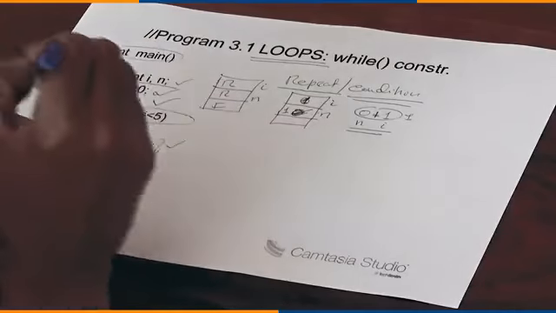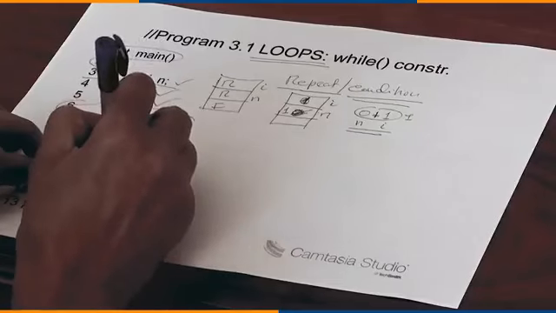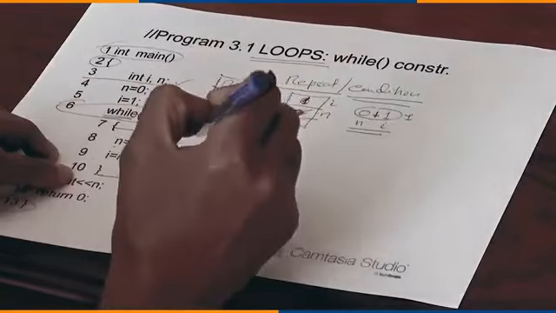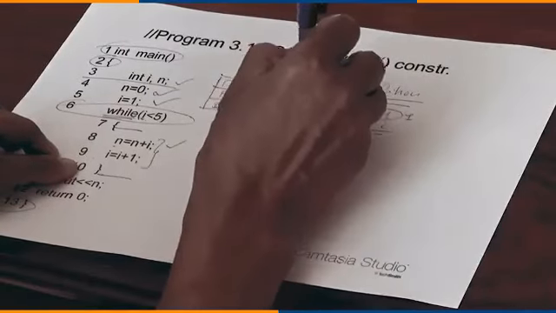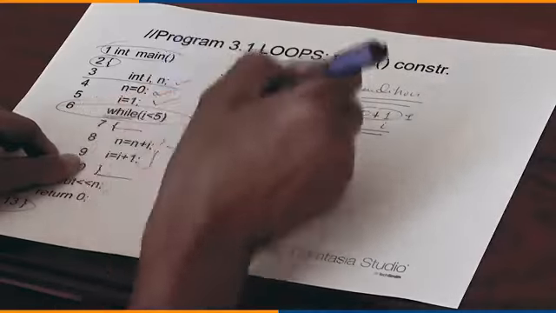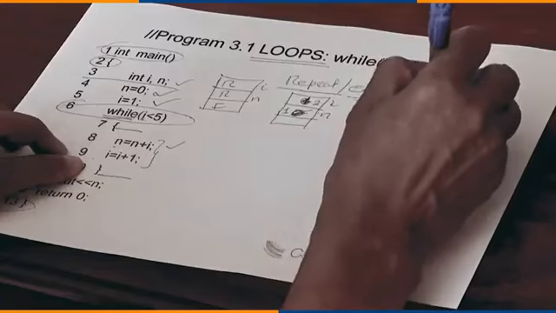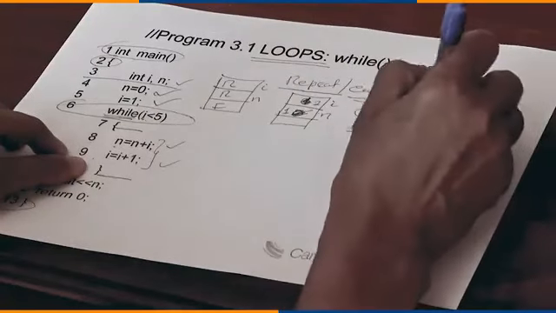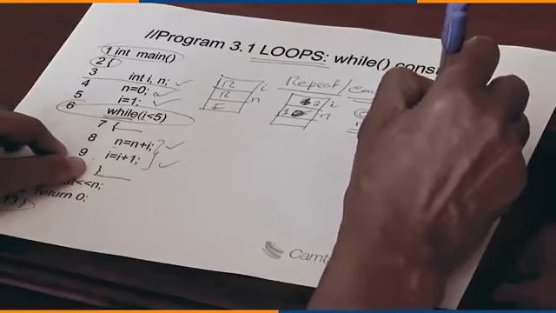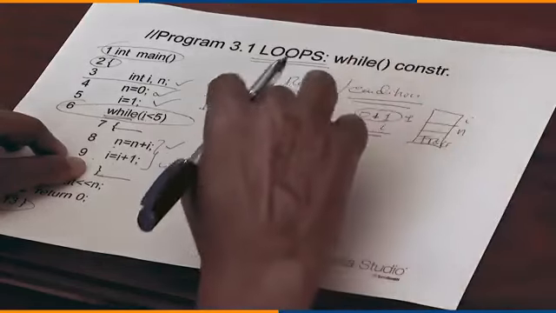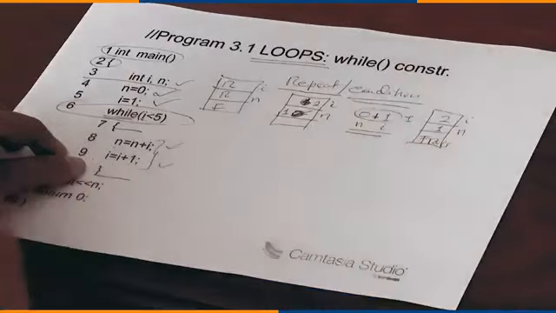Then the computer will jump to line number 9, and there it says I equals I plus 1. The value in I is 1, and it will be added to 1, making it 2. So in I there will be the value of 2. Up to this line, the situation will be as follows: in n there will be 1, and in I there will be 2.